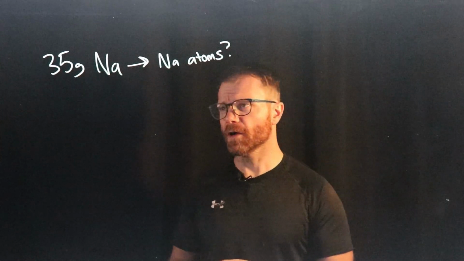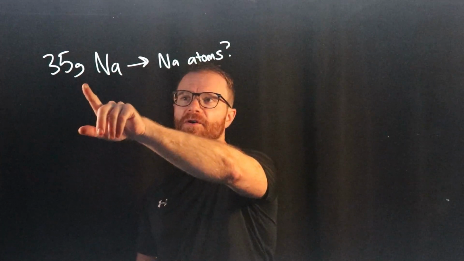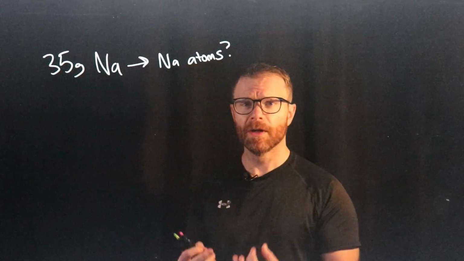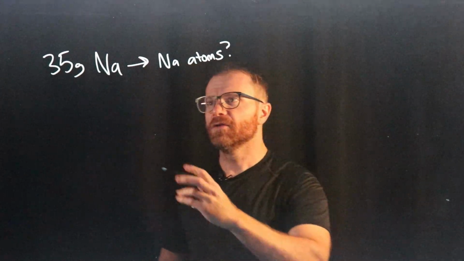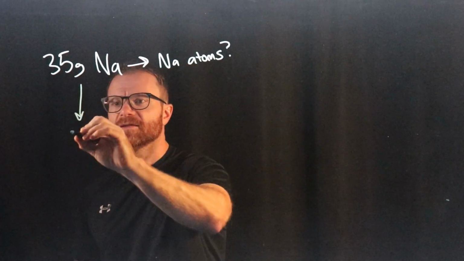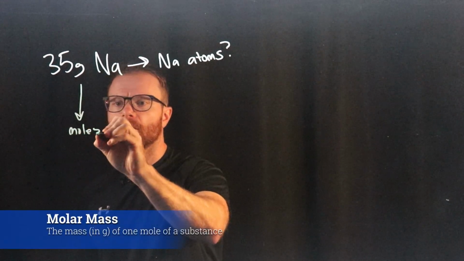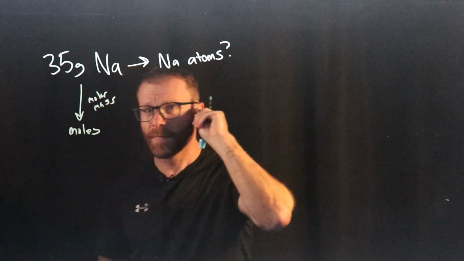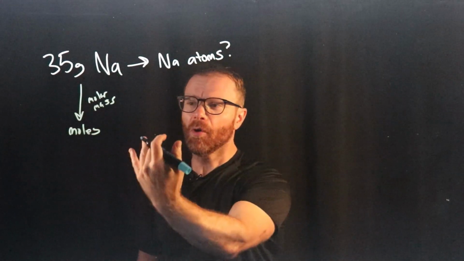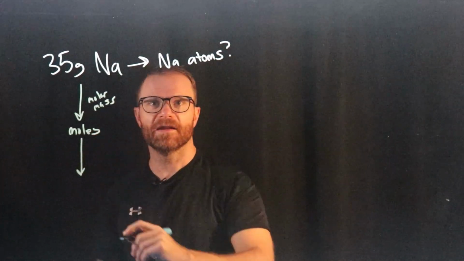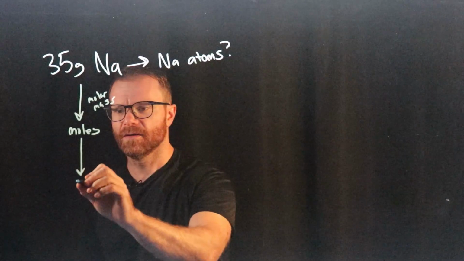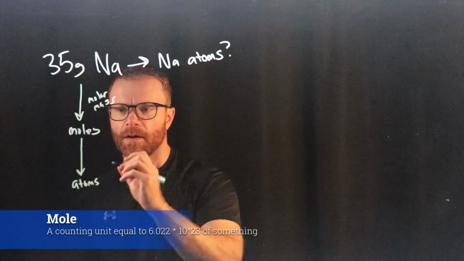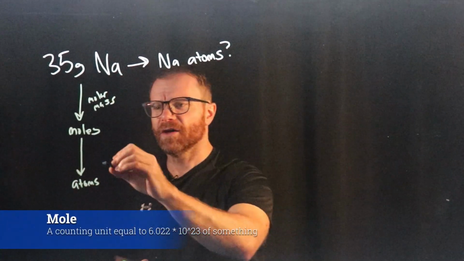The first thing we would want to do is convert grams of sodium to moles, and we can do that using the molar mass. And then finally, if we knew how many moles, it would be easy for us to get the number of atoms just using Avogadro's number.